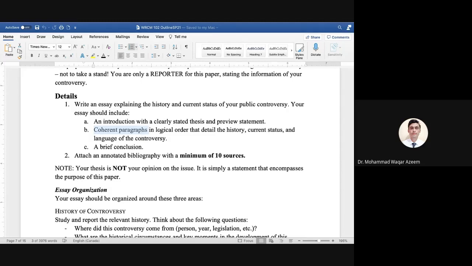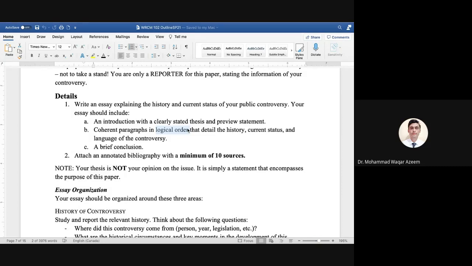Now, all the paragraphs in your essay should be coherent. All the paragraphs should also be arranged in a logical order. What kind of order is logical order between the paragraphs? By logical order, we mean that there should be a thoughtful sequence between the paragraphs. For example, you might choose to write two paragraphs about the history of the controversy.